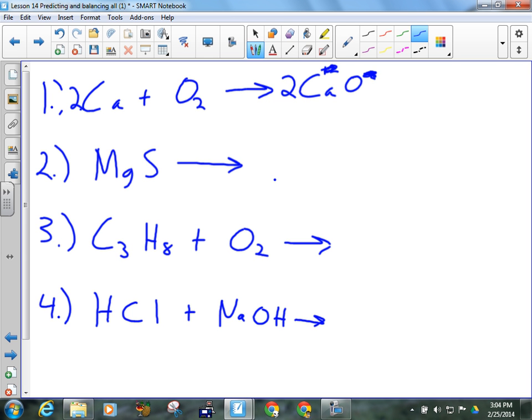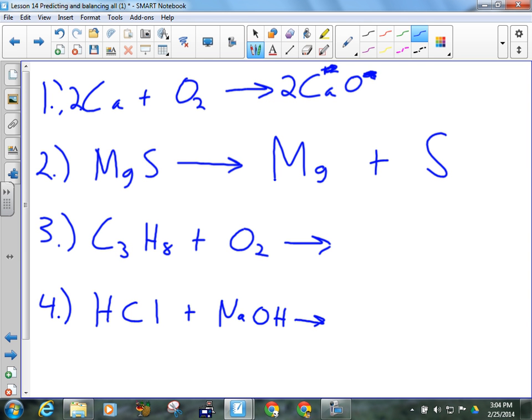Okay, so for number 2 here, what kind of reaction is going on? Alex? Simple decomposition. The only kind of reaction that starts out with only one reactant is the one where it breaks down into something else. All right, so this is going to break down into its 2 parts, magnesium and sulfur. Are either of those highlighted on your periodic table?